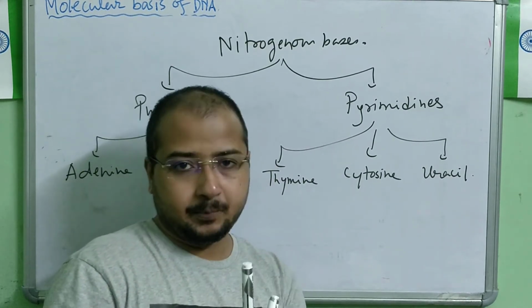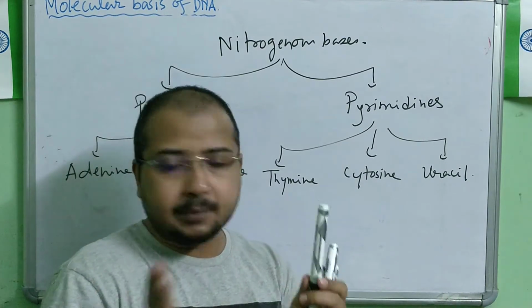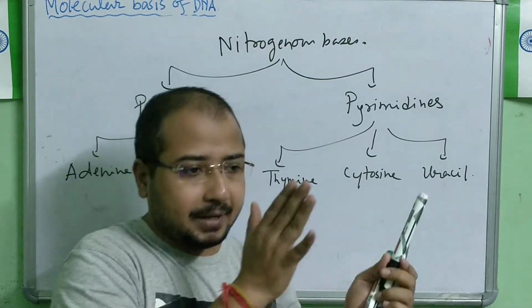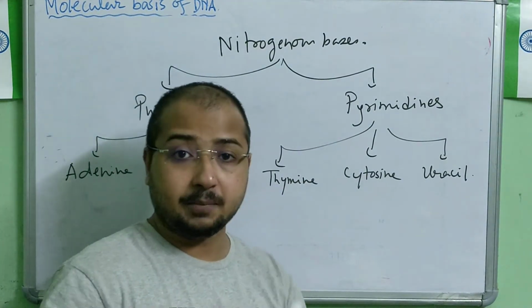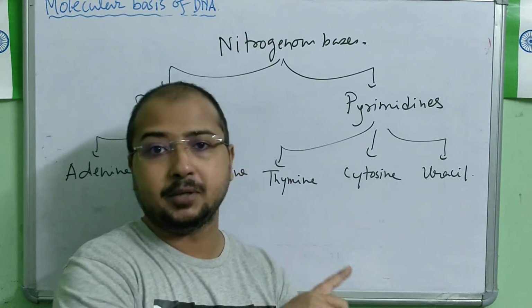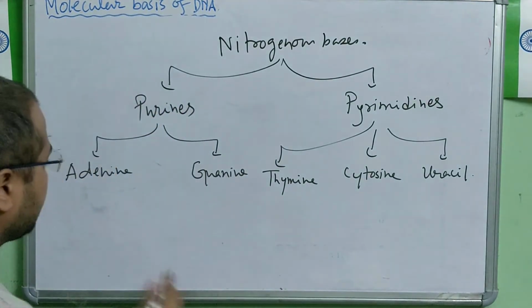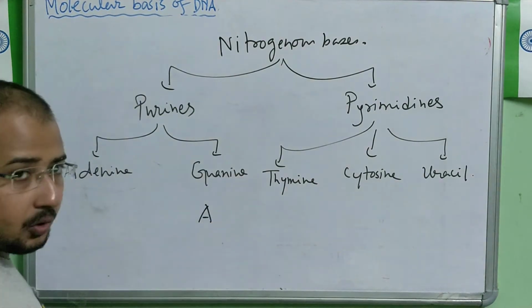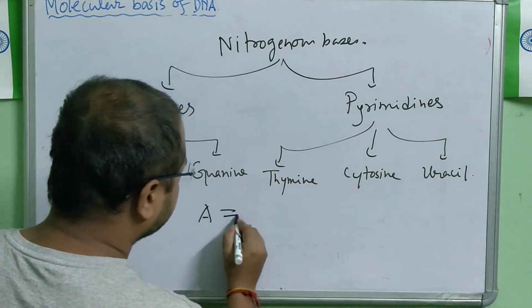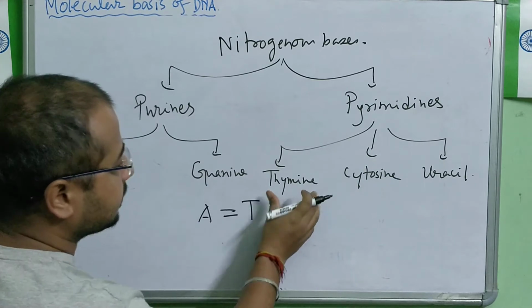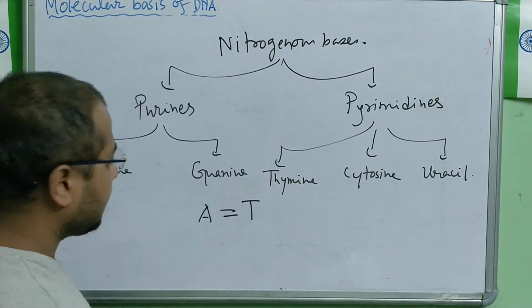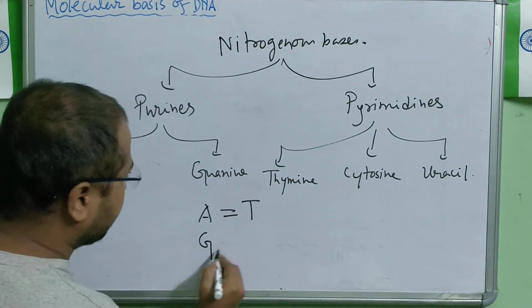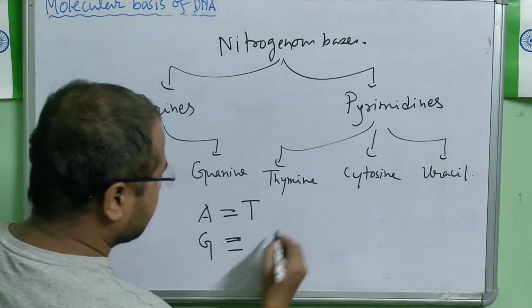That's the base pair. We don't see purine pairing with purine or pyrimidine with pyrimidine. We see purine pair up with pyrimidine. So here adenine, that is A, binds with thymine, T, and guanine binds with cytosine.